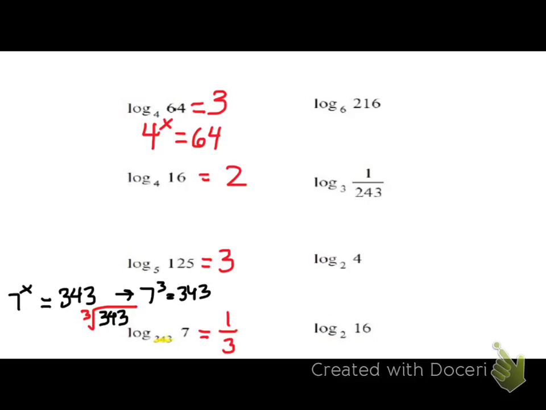So anytime your base is bigger than the answer, 343 is bigger than 7, when you do the equals, it has to be a fraction because you're doing a root. If you go back and do those exercises on Khan Academy, that will make sense.